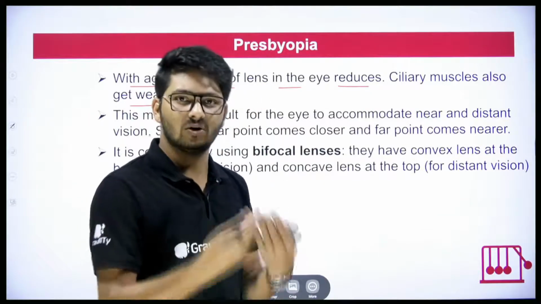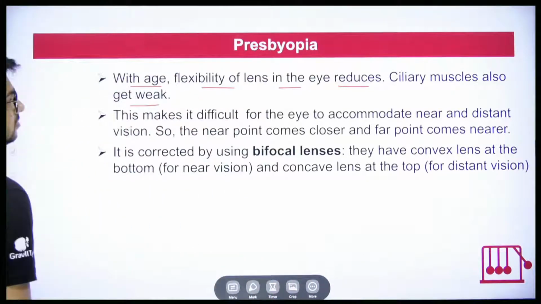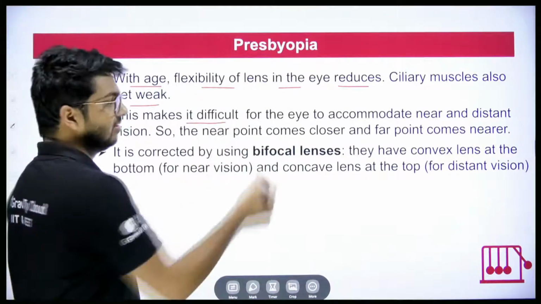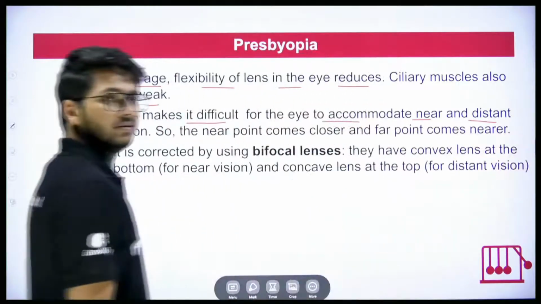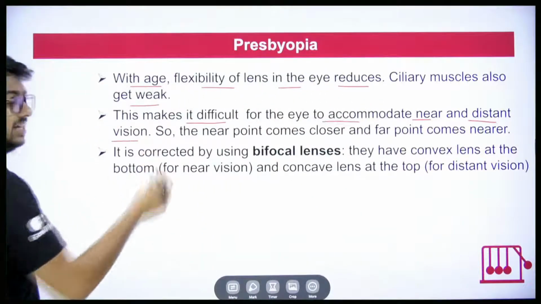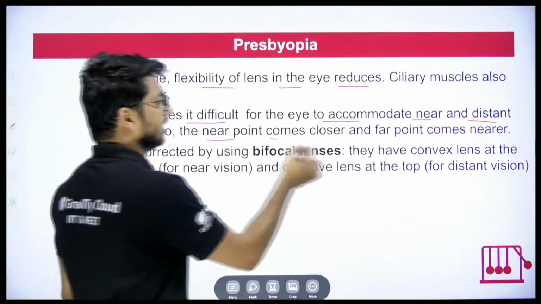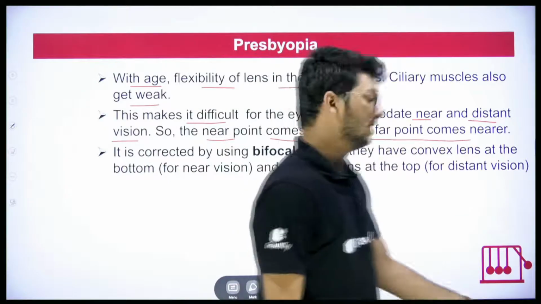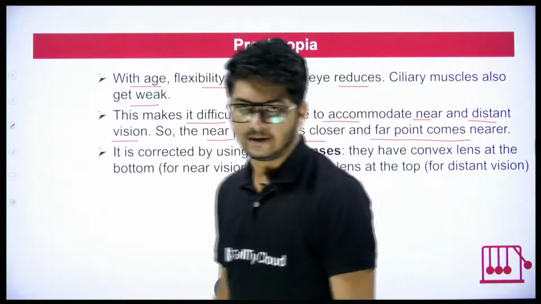The reason is different, old age, but you have both of them. Is that clear? So it is difficult for the eye to accommodate near and distant vision, both of them. The near point comes farther and the far point comes nearer. Both of that happens. Got it? Good.